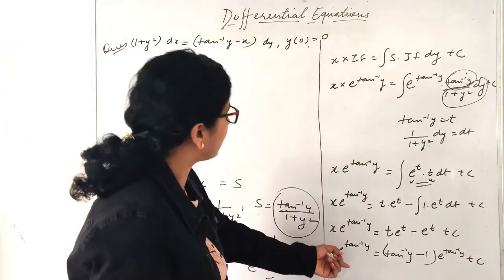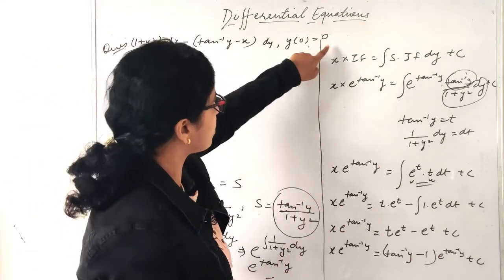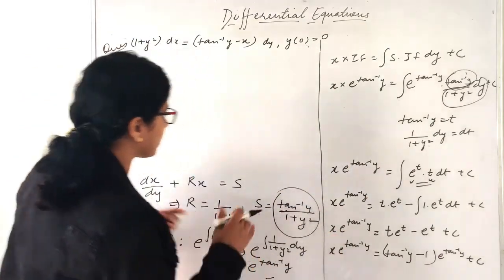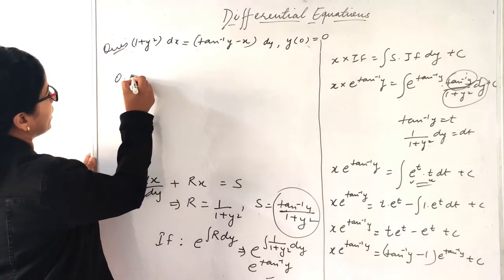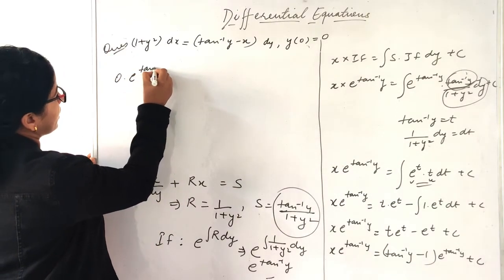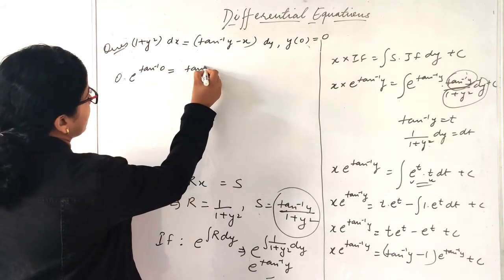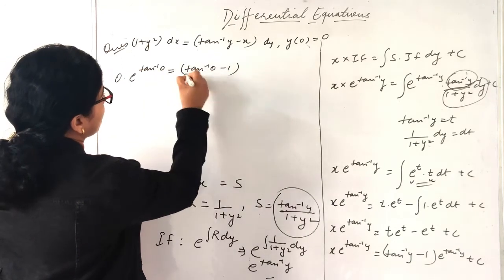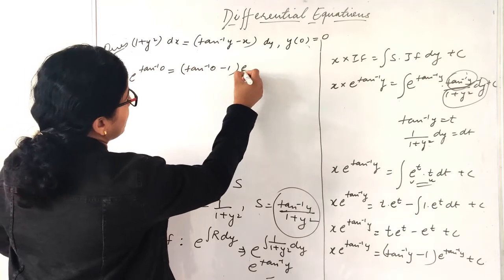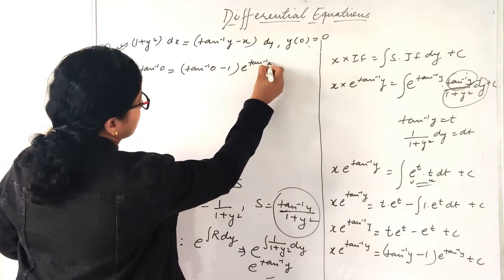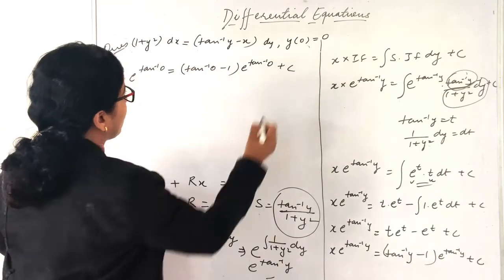So now we have at x is equal to 0, y is equal to 0. So let us substitute in this equation. So we have 0 into e to the power tan inverse 0 equals tan inverse 0 minus 1 e to the power tan inverse 0 plus c, right?